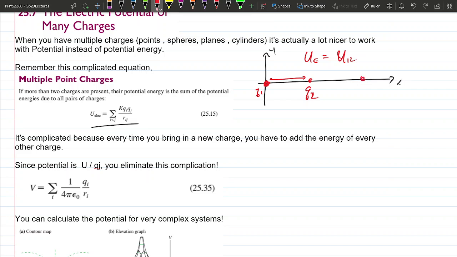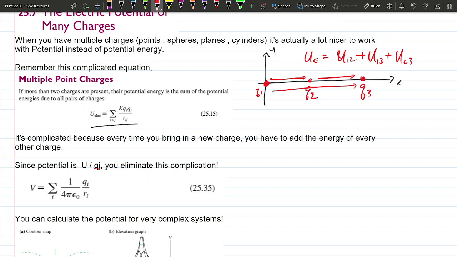When you bring in a third charge, not only are you being opposed by charge 1, you are also being opposed by charge 2. So now you have the potential energy from 1,3 plus the potential energy from 2,3.